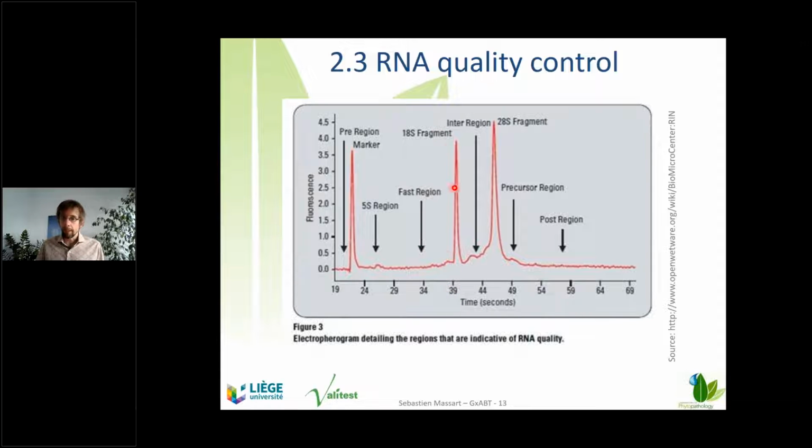You have a first peak corresponding to 18S, or 16S if you are with bacteria, for example. You have a second peak, the long subunit of ribosomal RNA, of various size depending on the organism, and after that, again, nothing. This is what you expect. The RNA has migrated depending on the size, and you get 2 peaks corresponding to the 2 ribosomal RNA units.